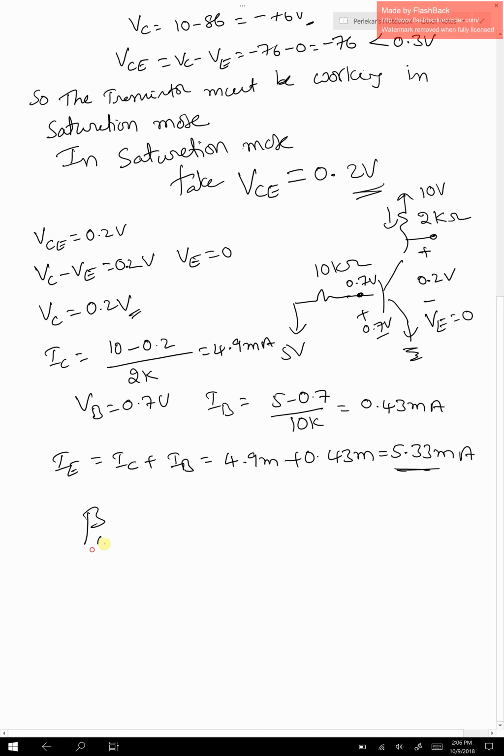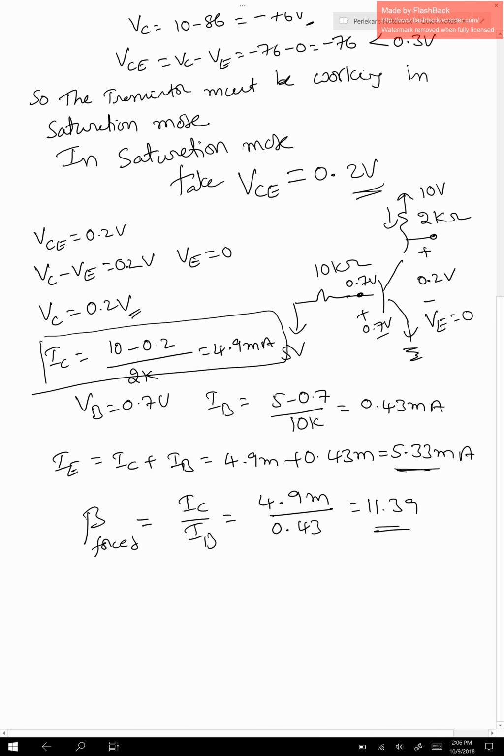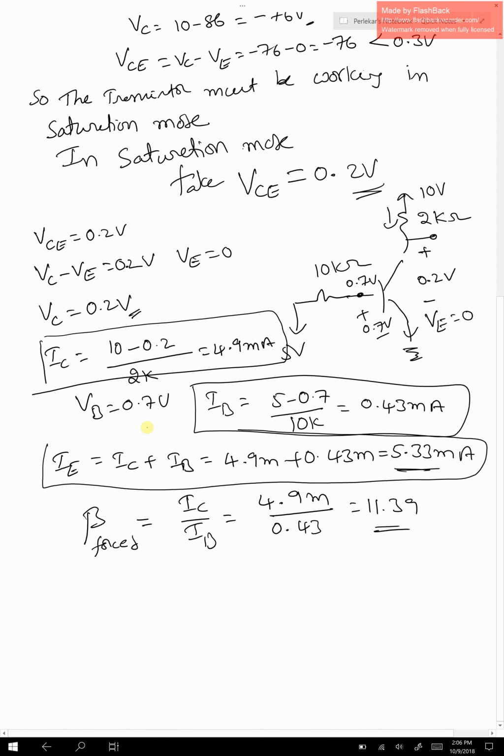In saturation mode, beta equal to 100 will not work anymore, so we'll find the new beta value, which is IC over IB, which is 11.39. So in saturation mode, all you need to find is IC, IB, IE, and beta forced. Okay, thank you.